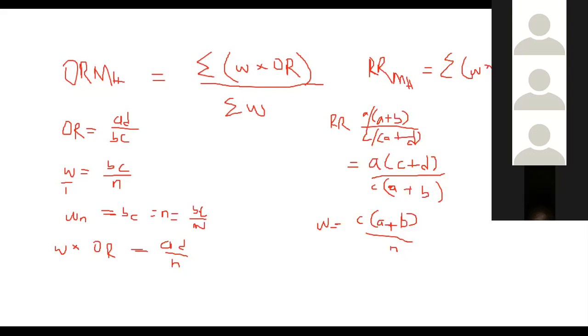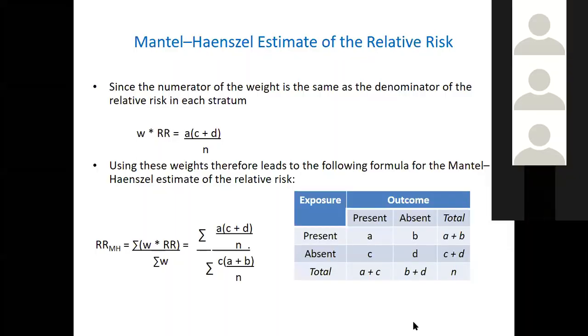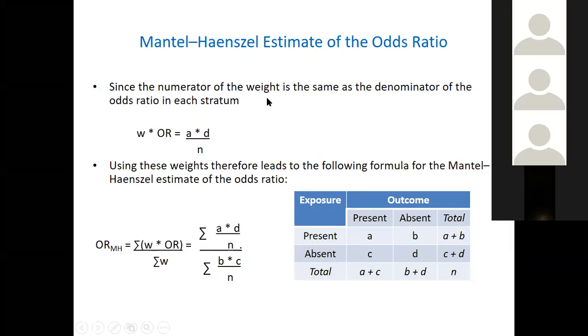If we work it out, it can sometimes be confusing, but just know that it's one part of the mathematics. If you sit down to understand it, that is what brought this. So when you now see the formula we have written before, the Mantel-Haenszel odds ratio is the summation of each odds ratio times the weight over the summation of the weight.